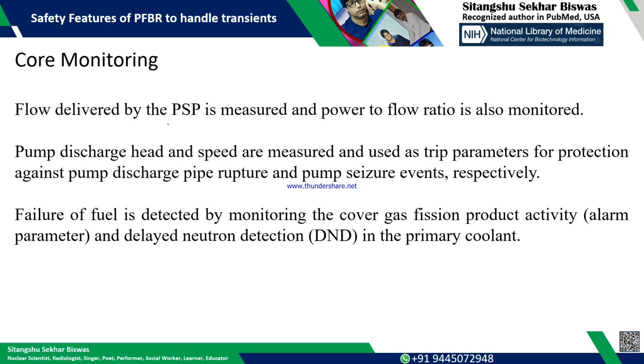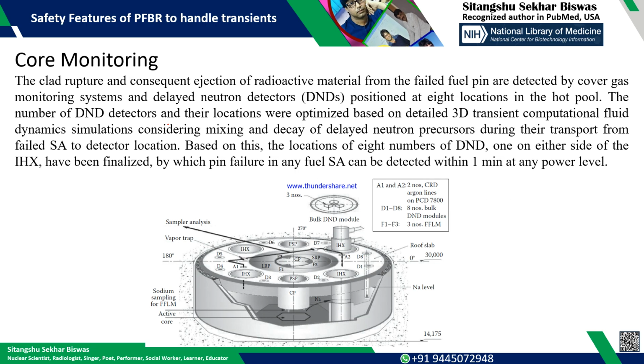The failure of fuel is detected by monitoring the cover gas fission product, and also the delayed neutron detector in the primary coolant in the sodium pool. Another important thing is clad rupture.